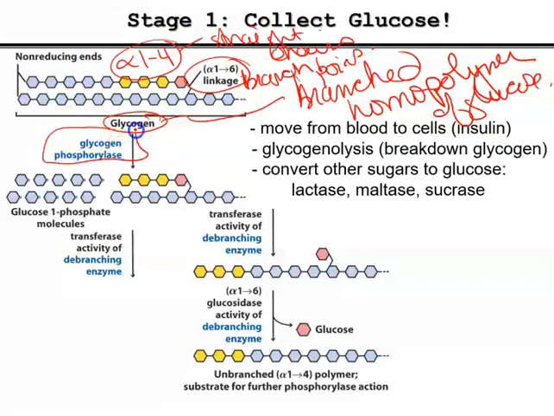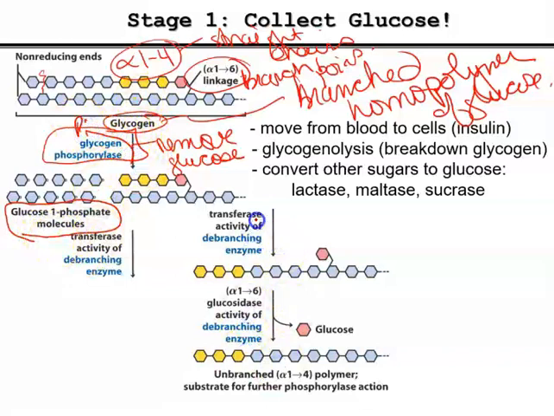Glycogen phosphorylase is the enzyme which can remove glucose from glycogen, and it's not a hydrolysis using water, but it's a phosphorolysis using phosphate. And so it's inorganic phosphate that is used to break the alpha 1,4 linkage between these glucose residues. The product of this glycogen phosphorylase reaction is glucose 1-phosphate.